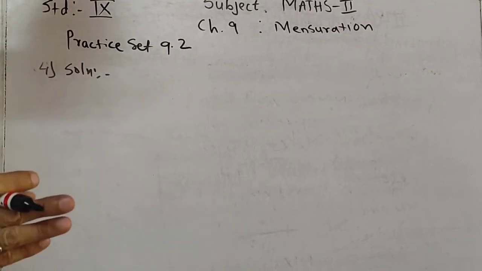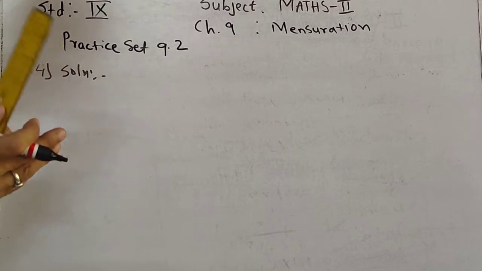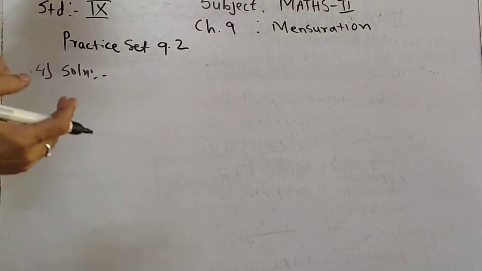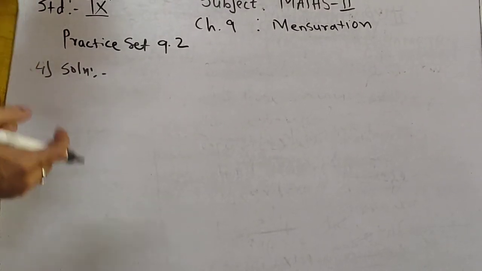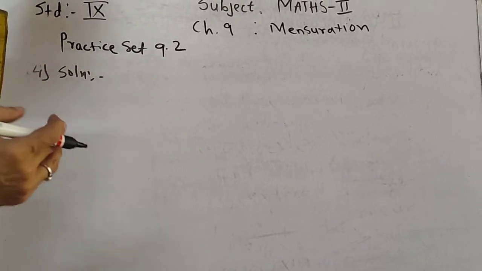Okay, come to sum number 4. Your sum number 4 is what will be the cost of making a closed cone. Okay, closed cone of tin. Having radius of the base is 6 meter and slant height is 8 meter.